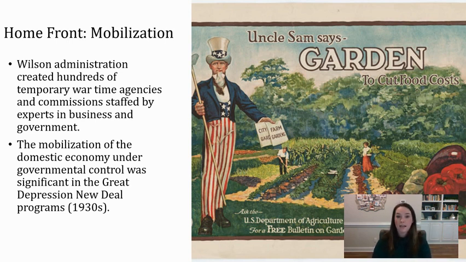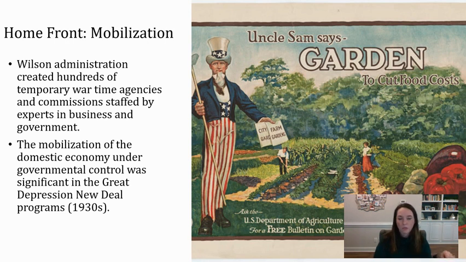Which is interesting, because that kind of gave FDR the idea, and then Congress as well, kind of the go-ahead that the American people trust in the government enough to where if they create these big government policies and programs in order to help America, people jump on board. And they did that as well in the 1930s to get out of the Great Depression. So New Deal programs of the Great Depression, okay?